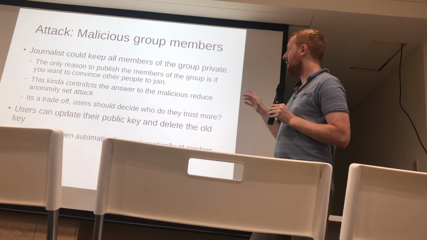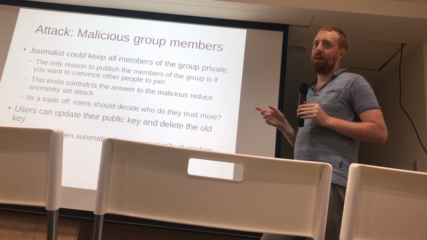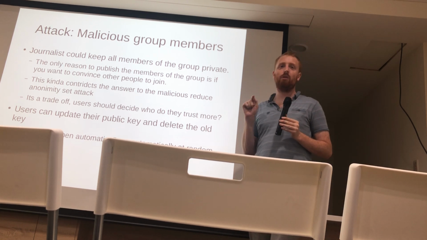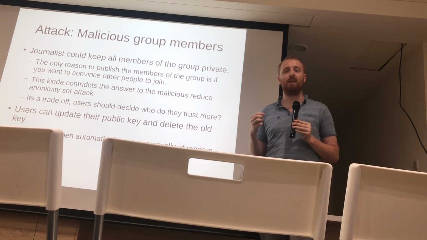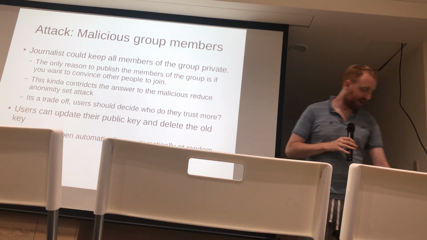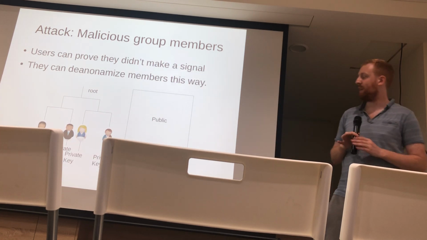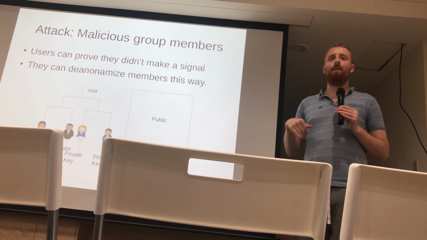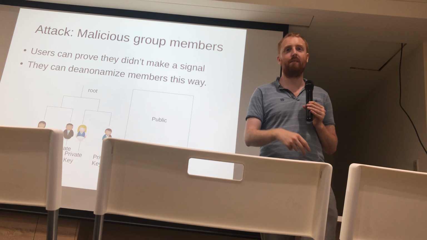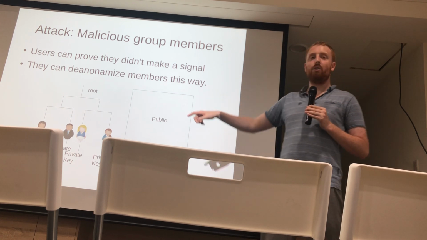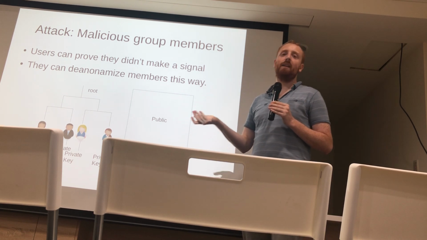Another way is that we could have the users update their public key every epoch and delete their own public key. The idea is, imagine that one of the groups says something controversial, and then some group goes to all of the people and says, prove that you didn't make this signal.